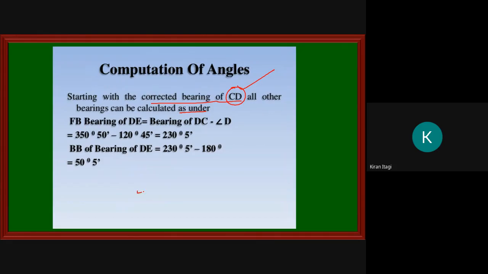If I draw the diagram, A, B, C, D, E. Now the bearing of line CD is correct.